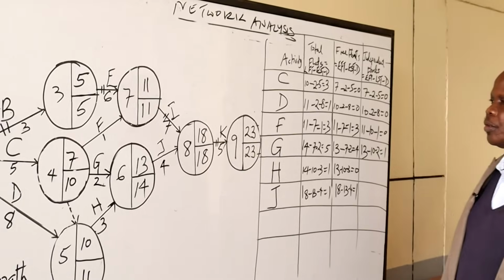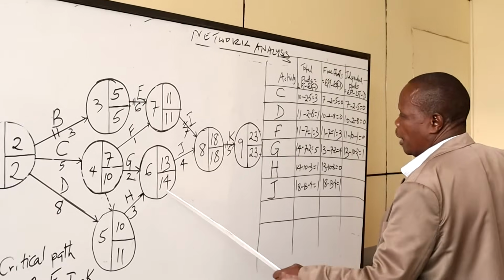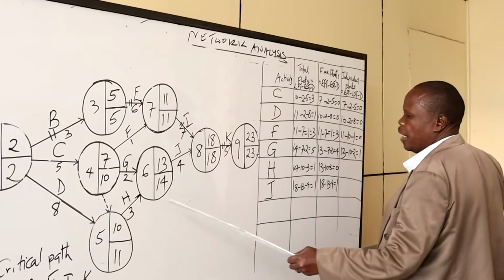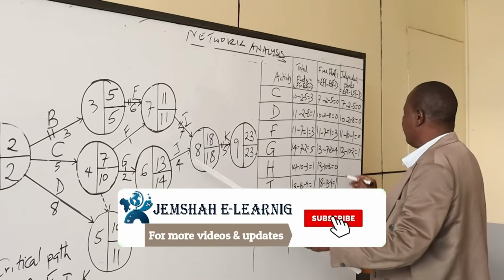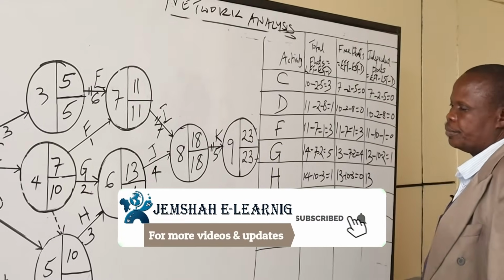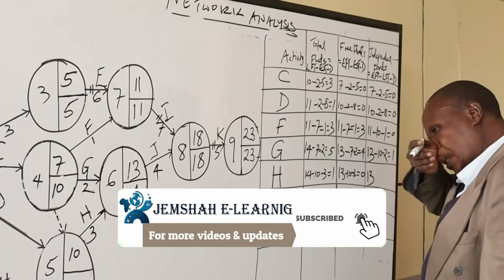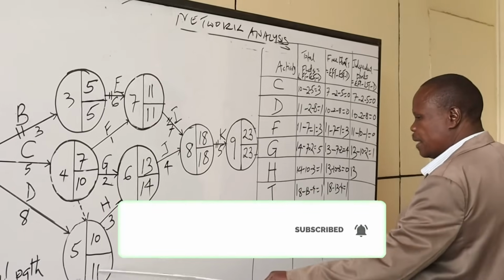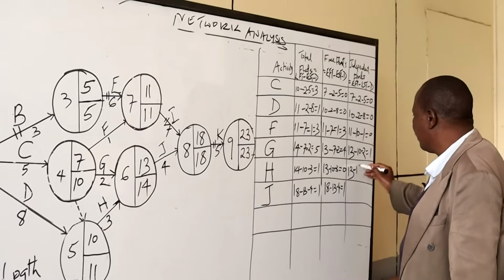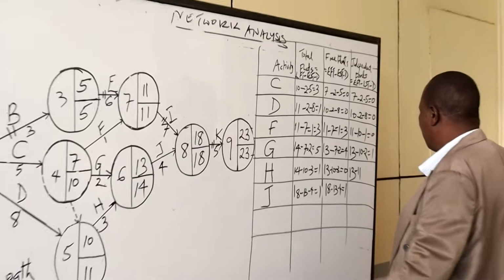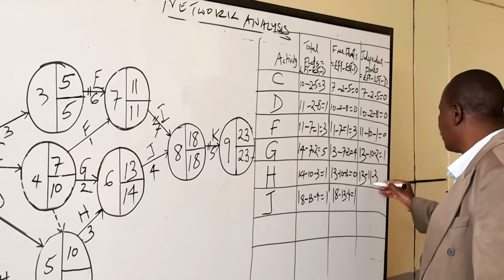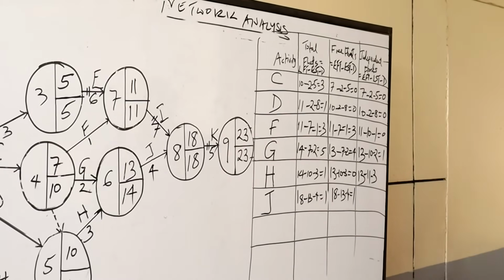Then for H, the earliest finishing time is 13 minus latest starting time is 11 minus the duration, which is 3.